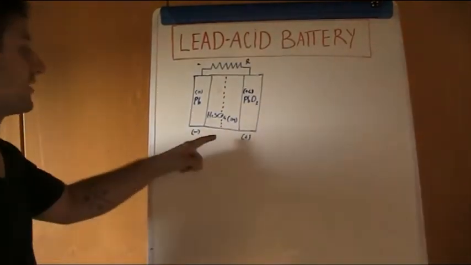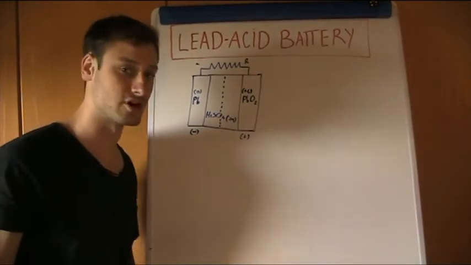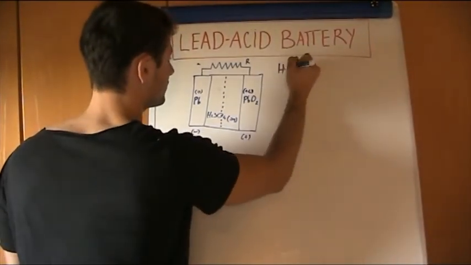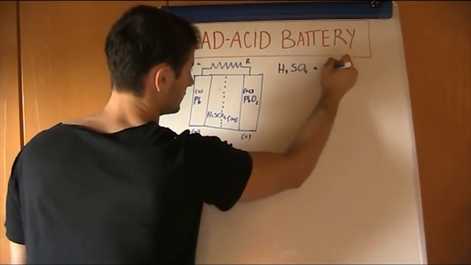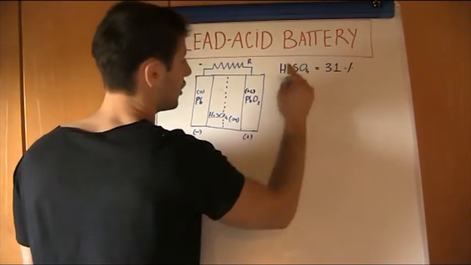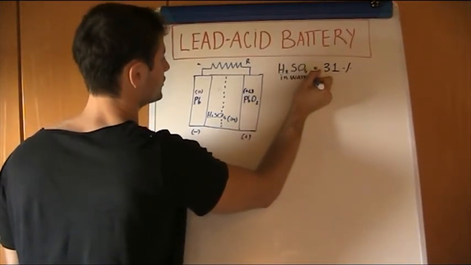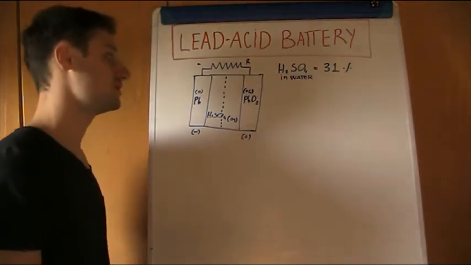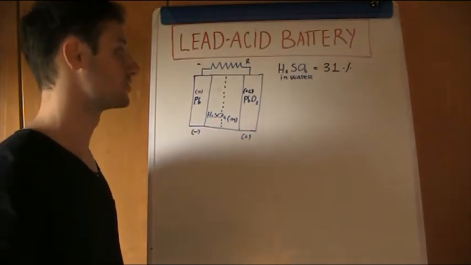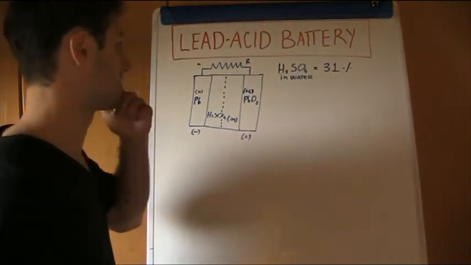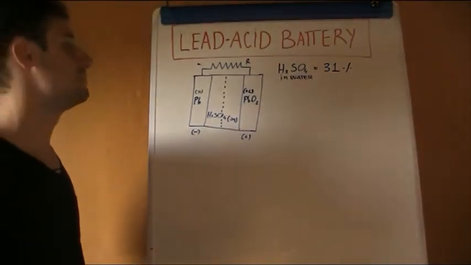The concentration of sulfuric acid in water is around 40%, more precisely 41%. So the ratio between water and sulfuric acid is about 3 to 1: three parts of water and one part of sulfuric acid at least. Basically, this is the main structure.